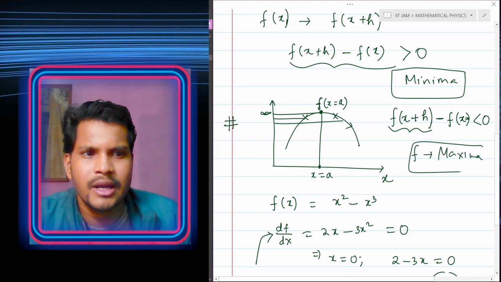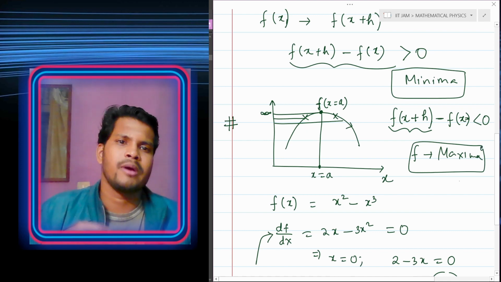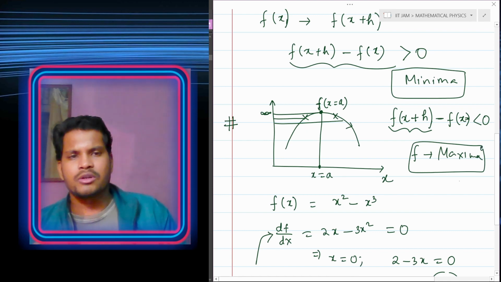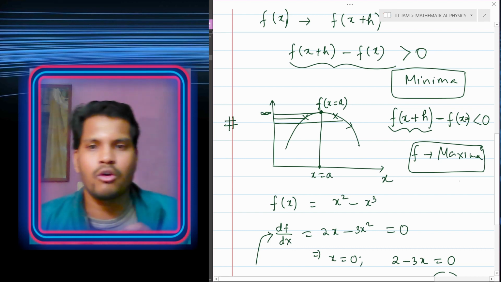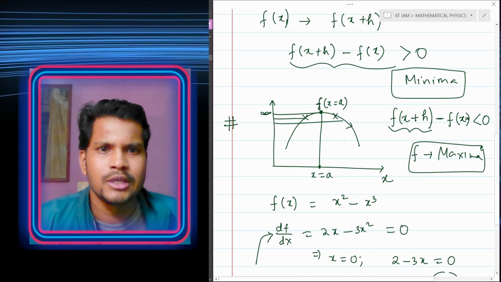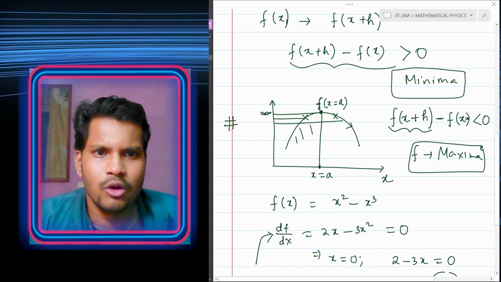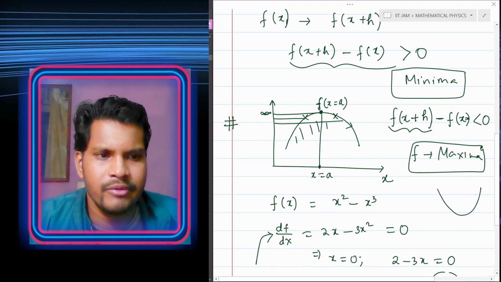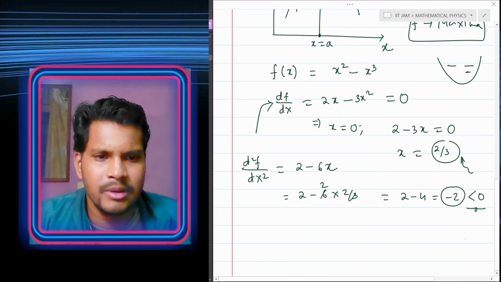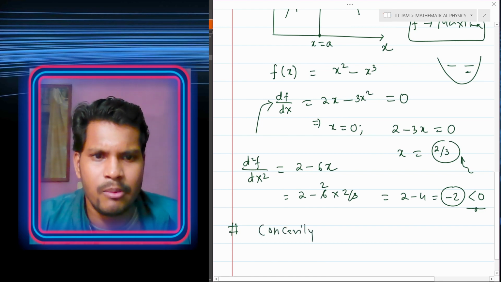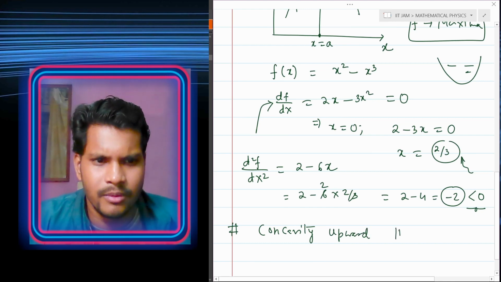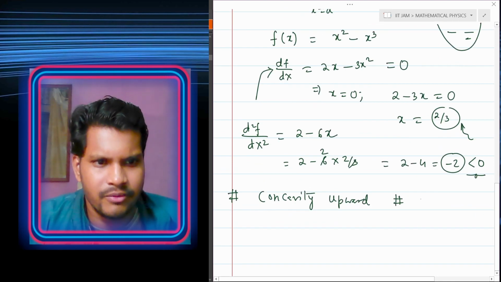So you now understand how we can determine the maxima and minima, and this concept comes from concavity and convexity. Okay, so I can call this concavity downward, and this concavity upward, right? So let me write down what concavity downward means. This is again the concept that you have already learned in your class 11th and class 12.